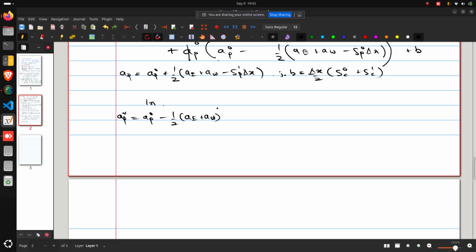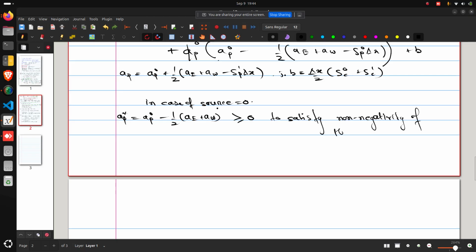So in the limit of no source, in case of source equal to 0, this should always be greater than or equal to 0, right? To satisfy the non-negativity of the coefficients.